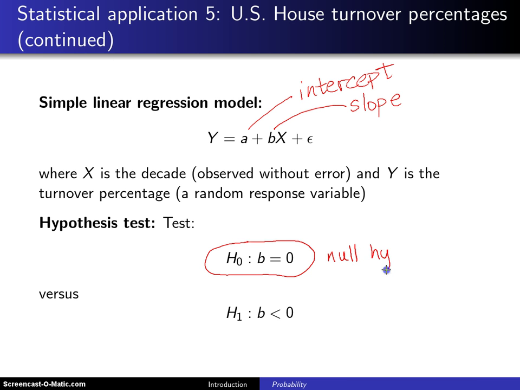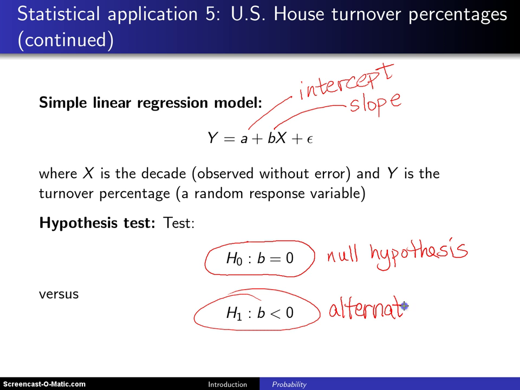And in this particular case, we might be interested in saying, is there statistical evidence that the turnover percentage is decreasing? And this is known as an alternative hypothesis, H1, that the slope is negative.